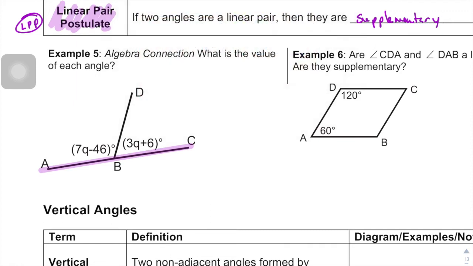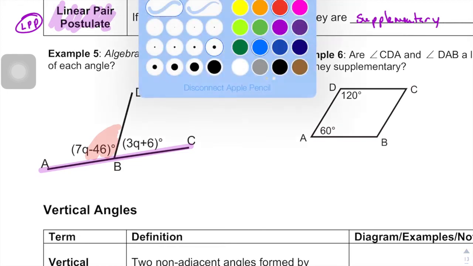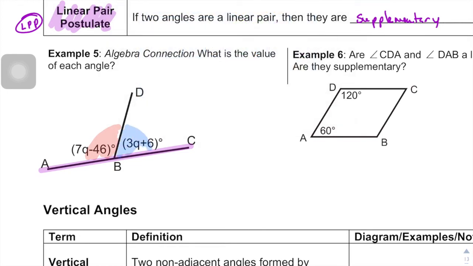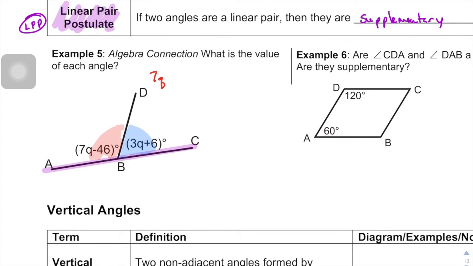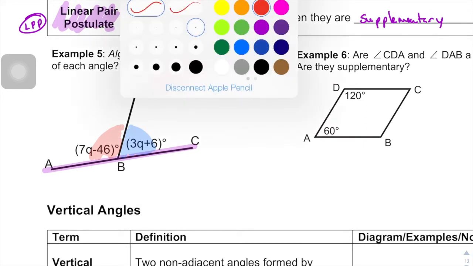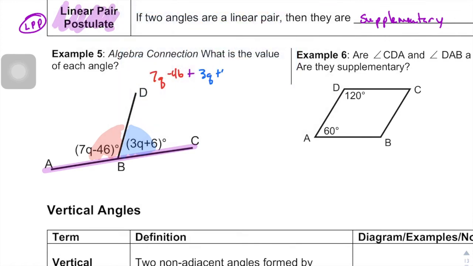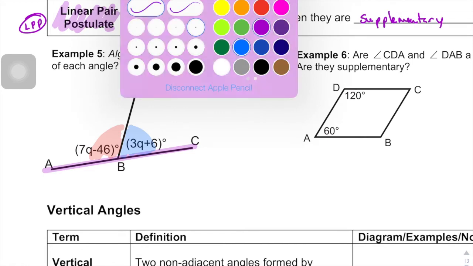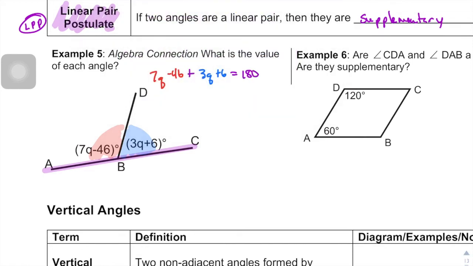I've got this angle, 7q minus 46, and this angle, 3q plus 6, and they add up to be a straight angle, so they're a linear pair. 7q minus 46 plus 3q plus 6 equals 180. The reason we can do that is because they're a linear pair. We've got the straight angle, and these two angles add up to be that straight angle.